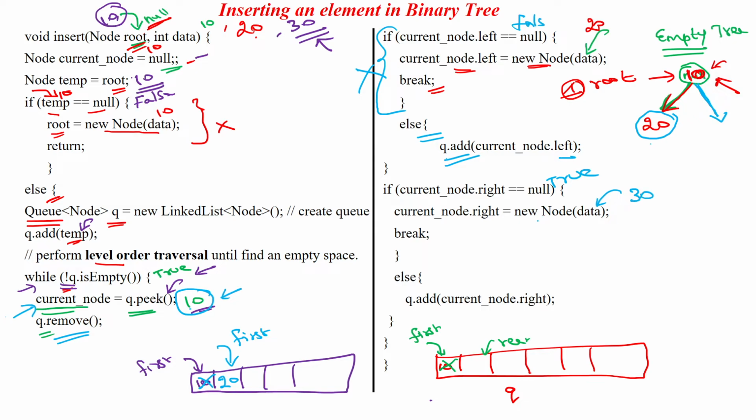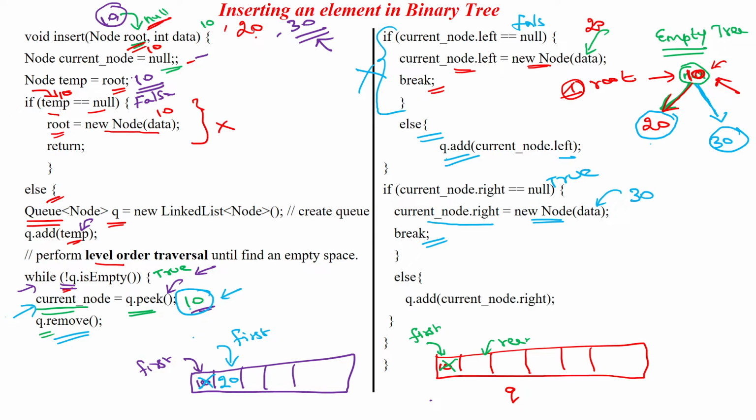With 30 we will create the node, and that node is assigned into current_node.right. So current_node.right is 30. After assigning, we are breaking this execution. Once it is broken, the program running is terminated.